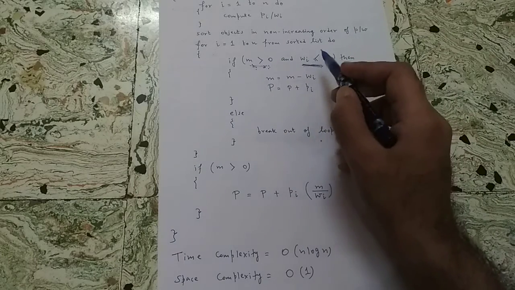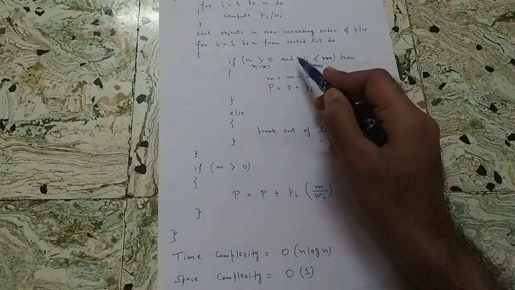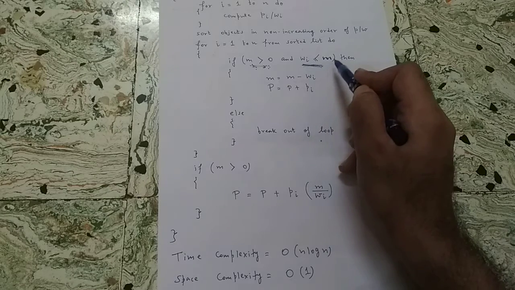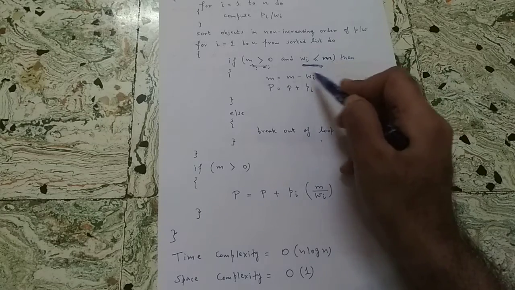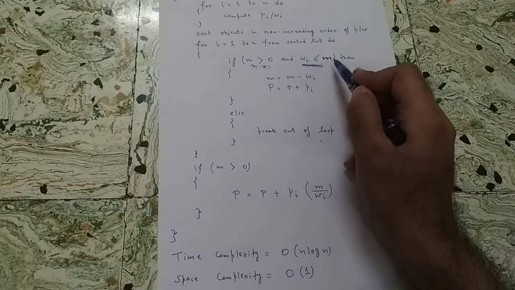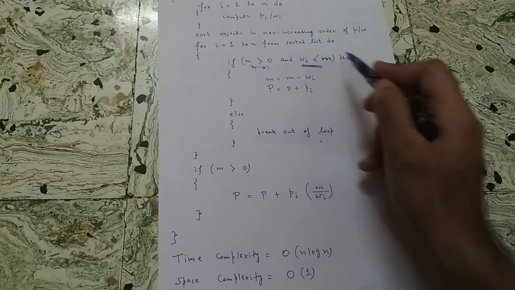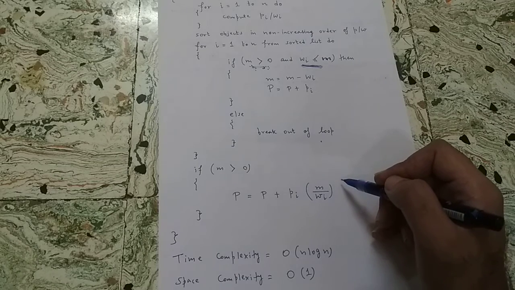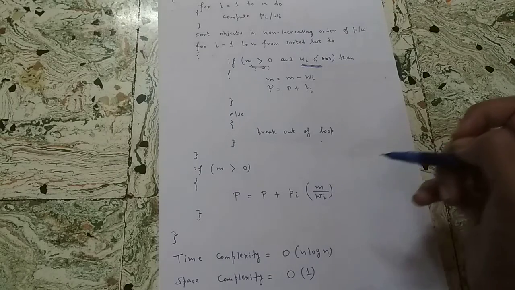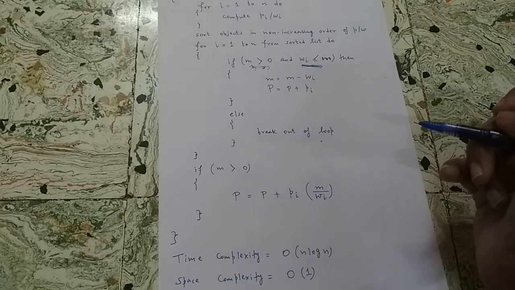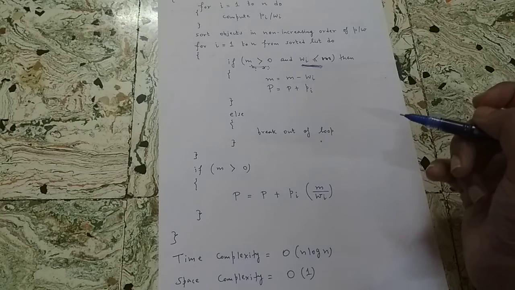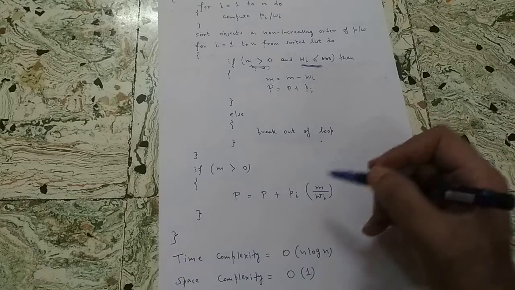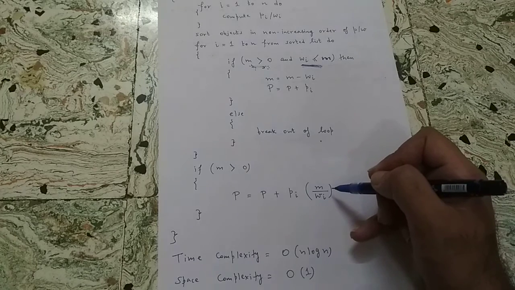In spite of that, since the weight of the entire current object is greater than the current capacity of the knapsack, you had to come out of the loop. That doesn't mean you will let go of the remaining part of the knapsack. The remaining part of the knapsack has to be filled up with the fractional portion of the current object.